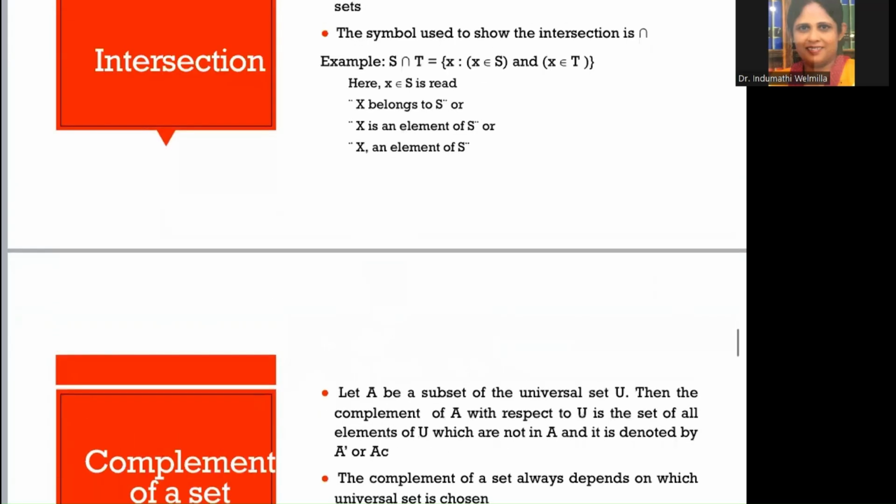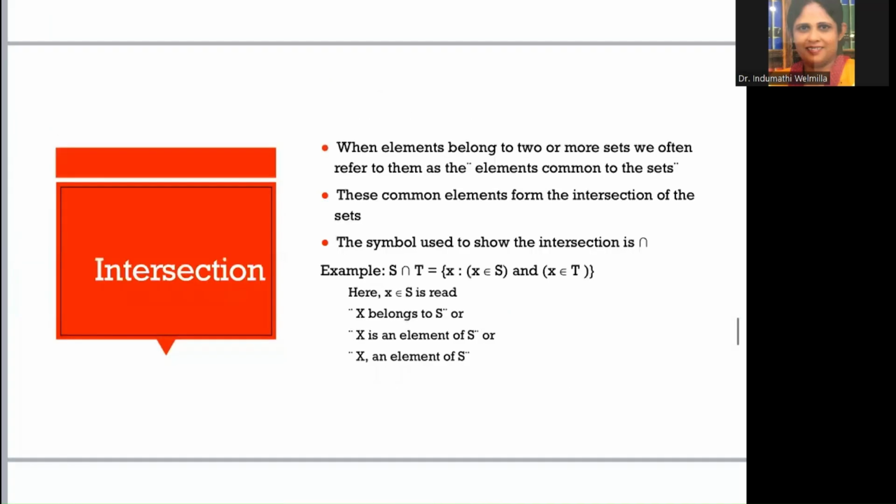Then there is intersection. These things we can understand under the subtopic of operations of sets. We already know the symbol employed to denote the union of two sets.